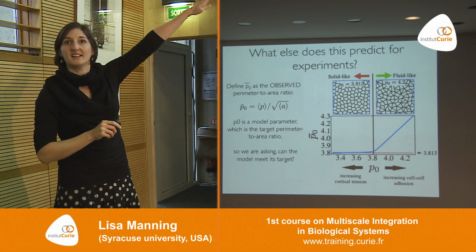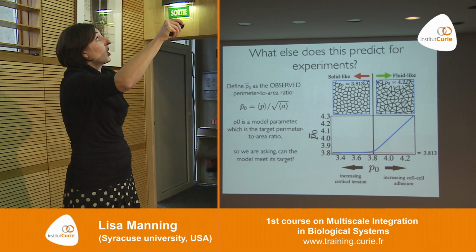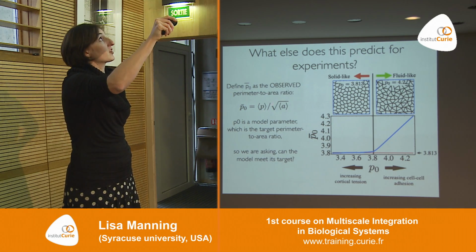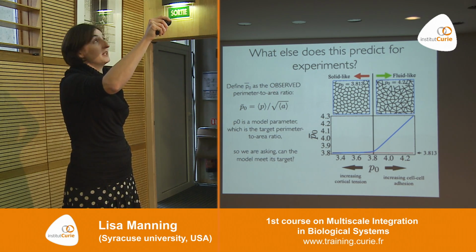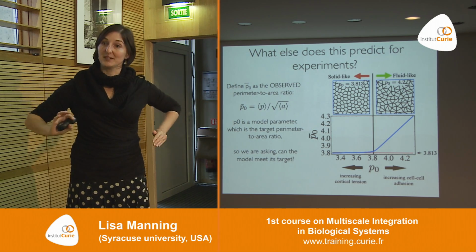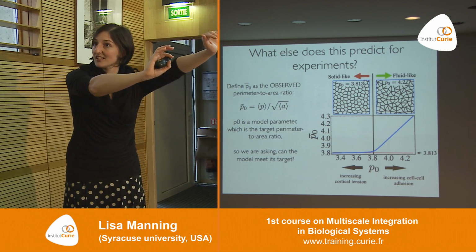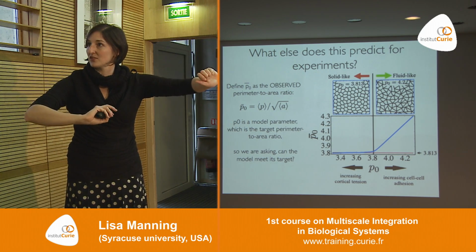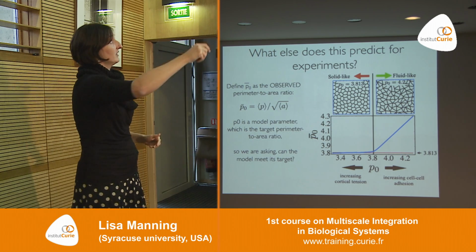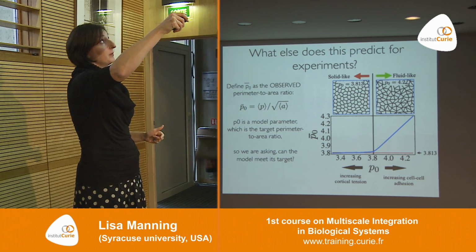I want to point out that that observable is different from the target perimeter. So this P naught is a model parameter. It's the target. Sometimes this observed perimeter to area ratio can be the same as the target, but it doesn't have to be, right? Sometimes the system can't go to what the model prefers. Does that make sense? There's a model parameter, which is presumably fixed by cell properties.